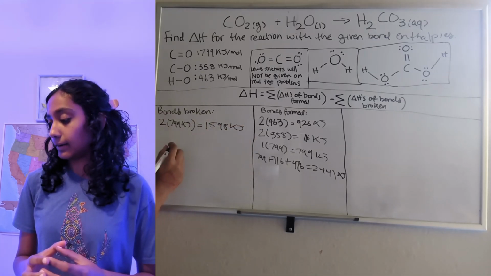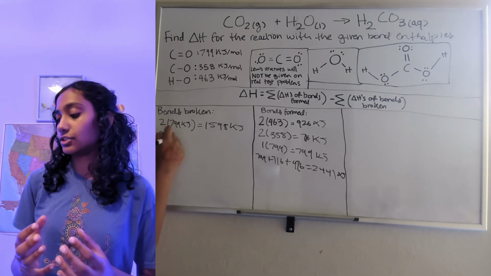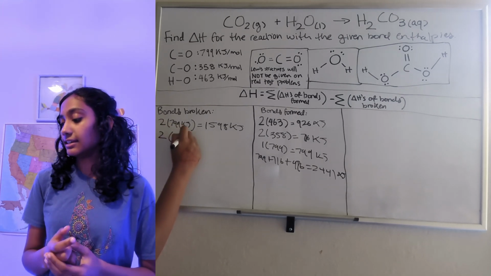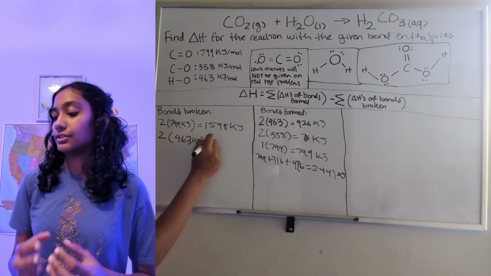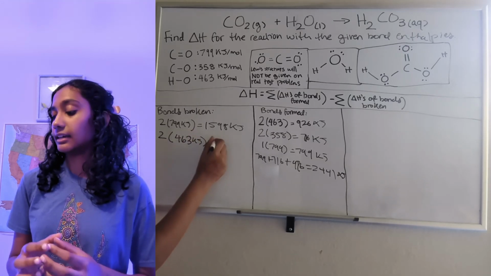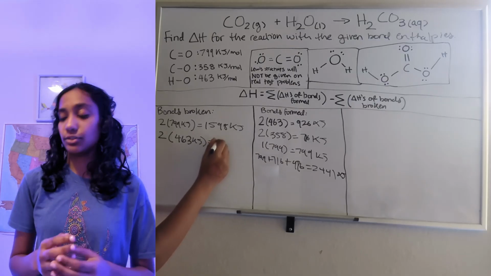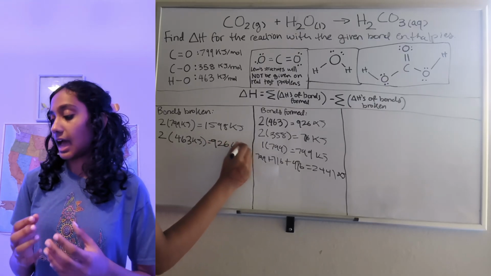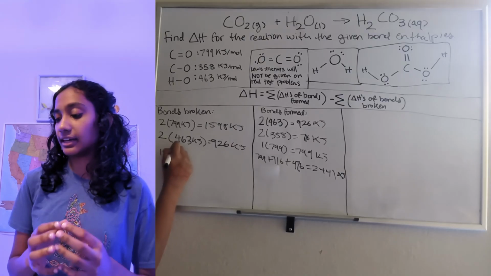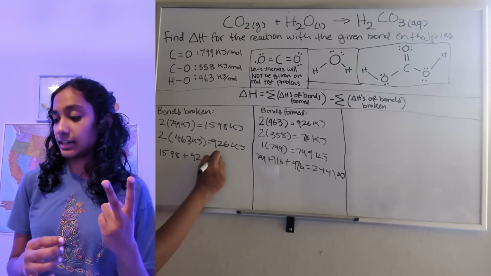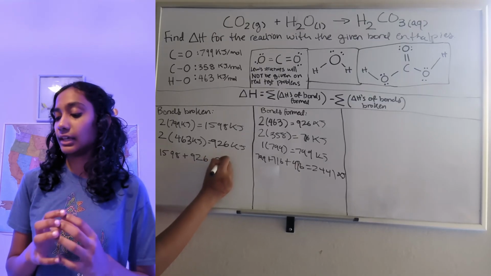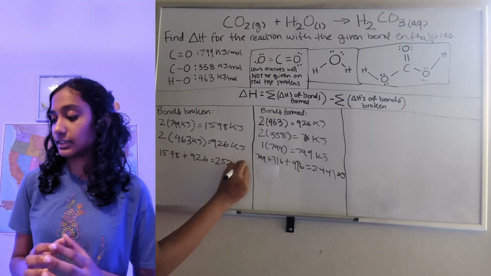Now, there are 2 HO bonds in H2O, and each has an enthalpy of 463 kilojoules per mole. 2 times 463 gives us a total of 926 kilojoules. Adding the bonds broken together, we get 926 plus 1,598 gives us 2,524 kilojoules.